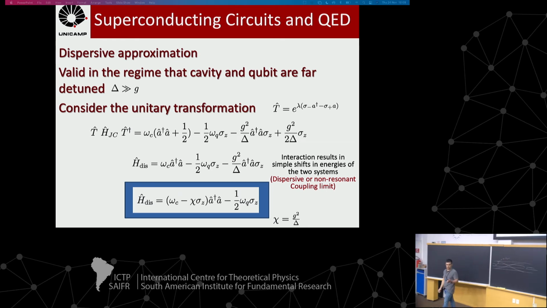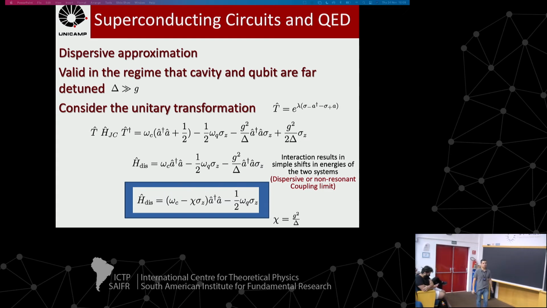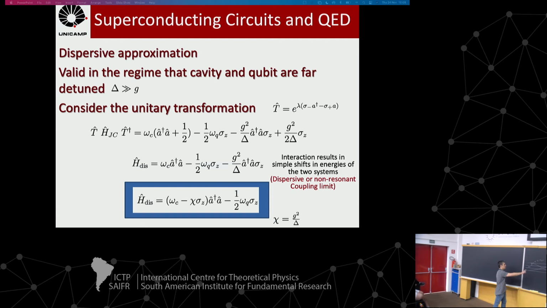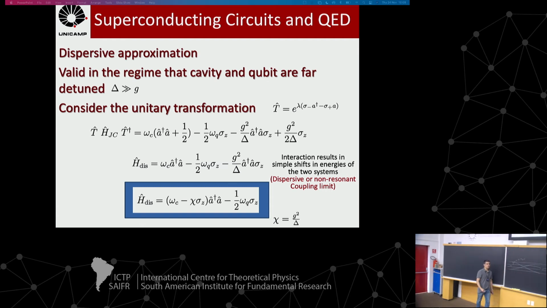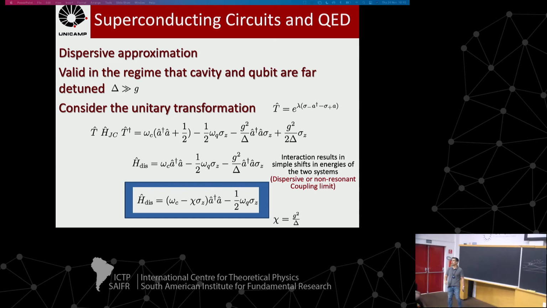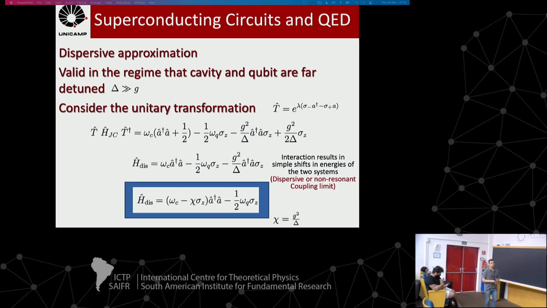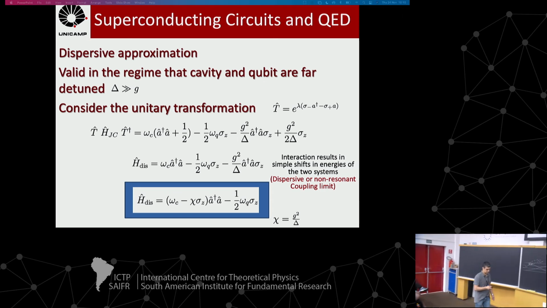You can create a really strong electromagnetic field here. The electric field inside of this region is really strong. Then your qubit is really big, around 1 to 2 micrometers. So you have a really large dipole appearing there. So you can have a really strong interaction between the electrical field and the dipole described in the junction.